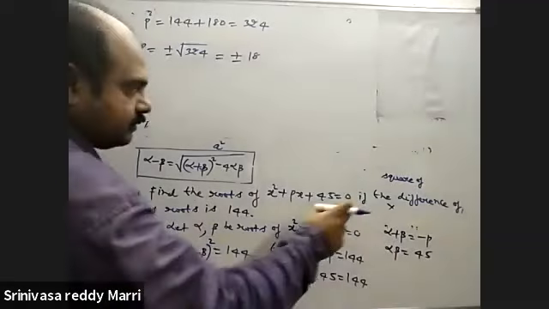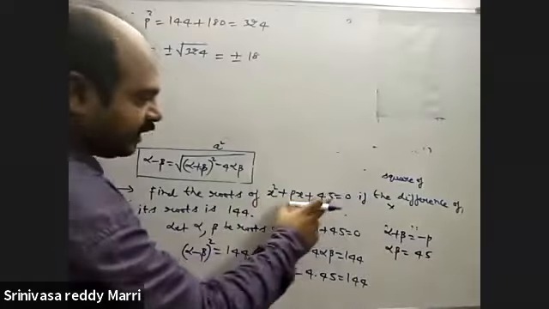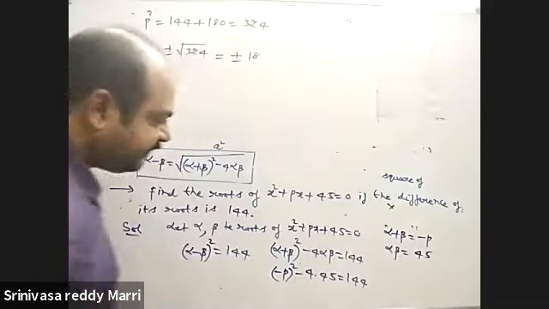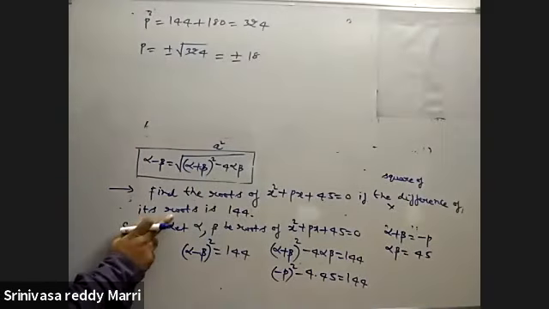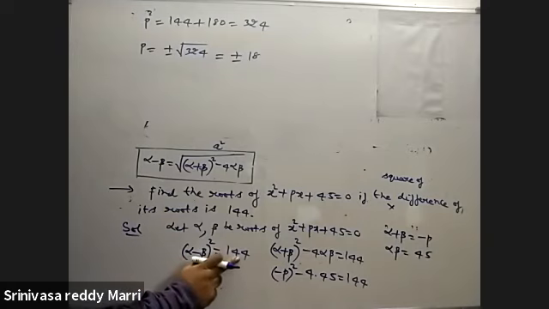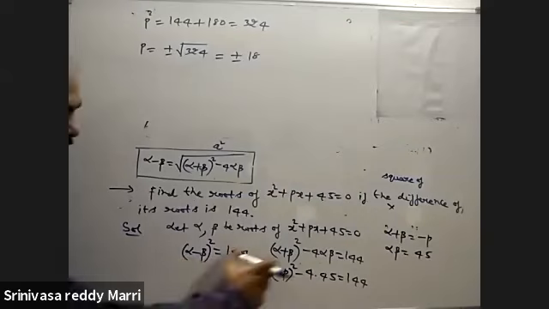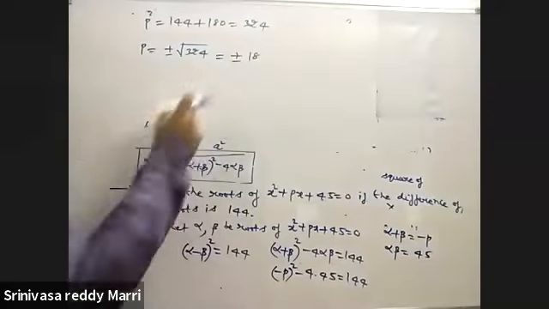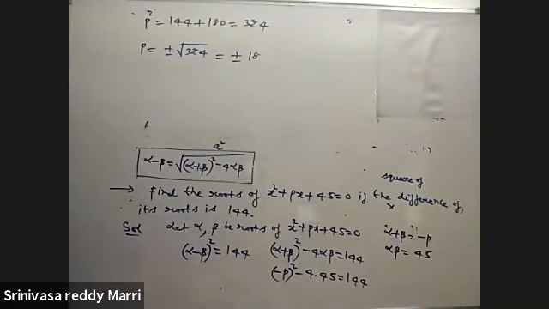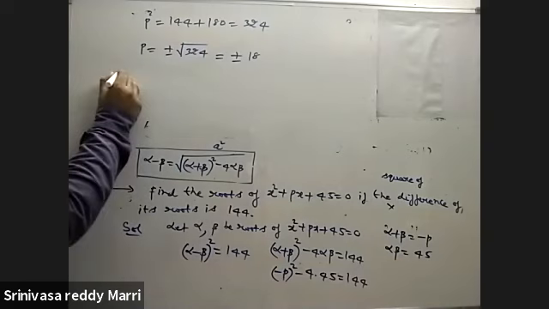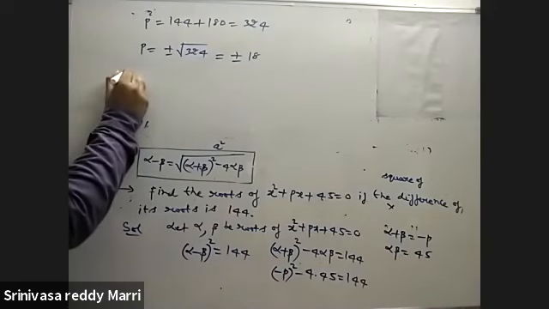Look at how it is calculated: given that alpha minus beta whole square is 144, by using this and these two relations, you have calculated the value of p. So the p value is known. Therefore, there are two values.